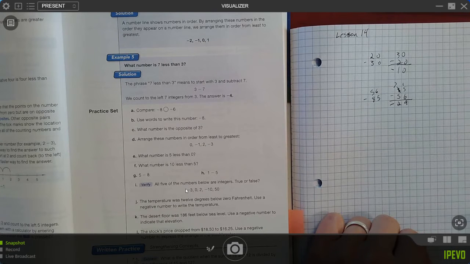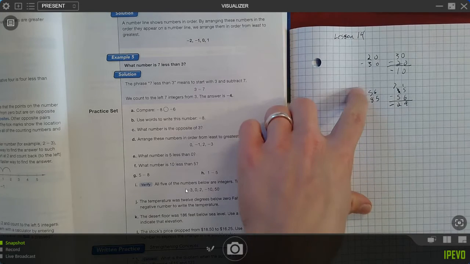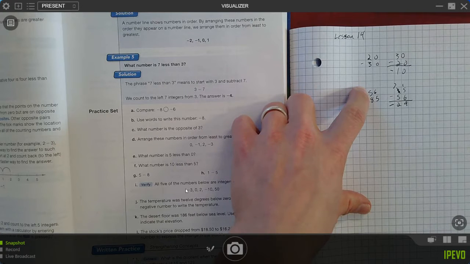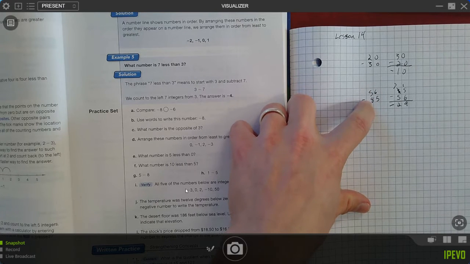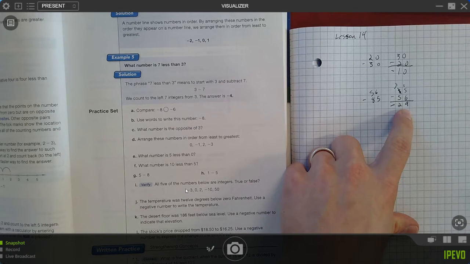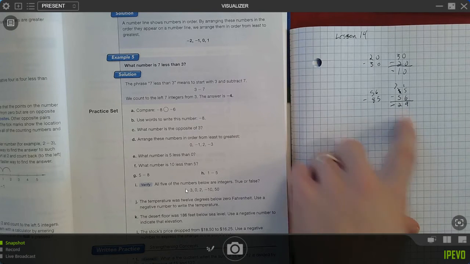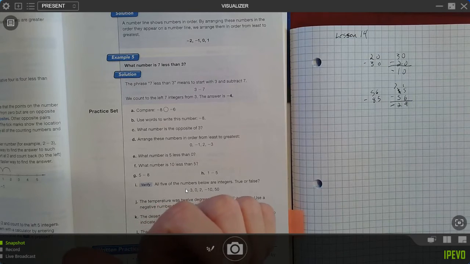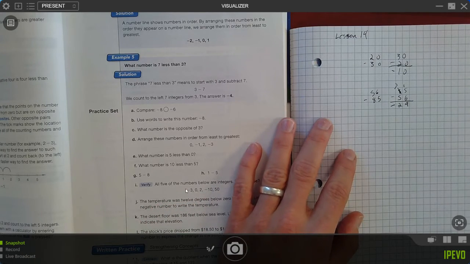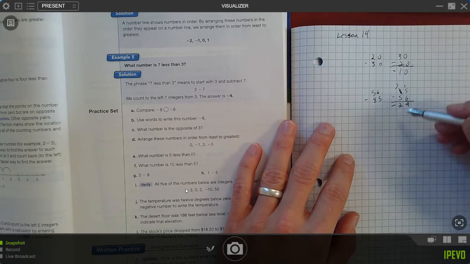So essentially, you have 56 in the positive. You get rid of 56 with the 85, but then you still have 29 more spaces on that number line going negative. Okay, so that is your answer, negative 29.